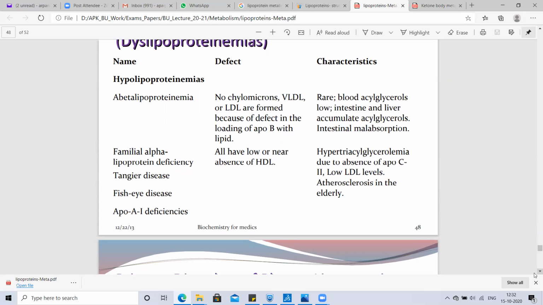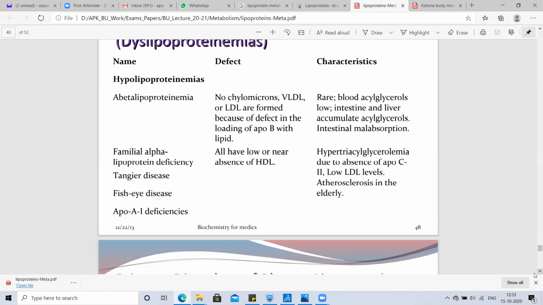What happens if HDL is absent? Hypertriacylglycerolemia occurs. HDL is responsible for the removal and transportation of cholesterol. If its deficiency occurs, it leads to an increase in the level of cholesterol, which would cause atherosclerosis in elderly persons.